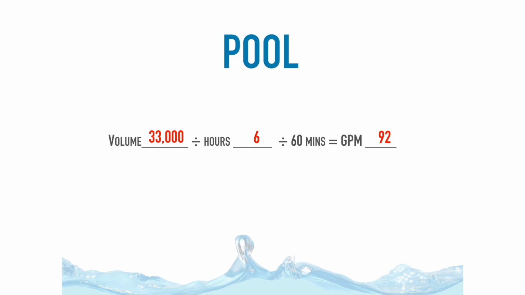So every single time I go into my pump room, I should be eyeballing that flow meter, and if it reads 92 gallons per minute, I know that I'm good. If it reads anything less than that, then I know that I'm falling out of my flow rate code requirement, and as a result, my turnover rate requirement as well. Here's a little pro tip that I would recommend for everybody out there.